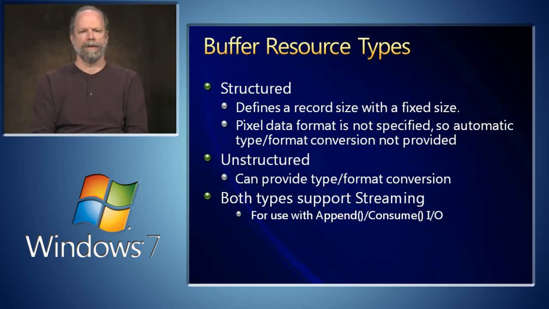The buffer types support an unstructured variant, which is potentially useful for some applications where the type of the format is going to be varied substantially. But both of these buffer types can be used to support both random access and streaming sequential I/O.